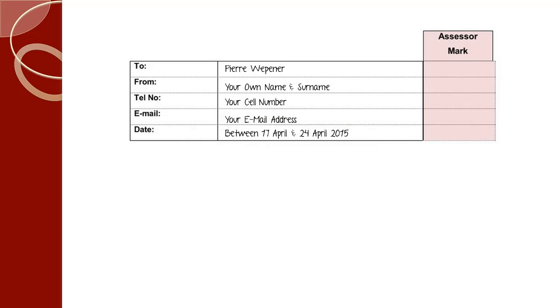Why? Because as you know by now, the moderator must be appointed in writing before the assessment process can start. And the start of the assessment process in this case is 17 April 2015. But the date of the pre-assessment meeting is only known after 17 April, and on the 24th of April the moderator must start his or her moderation.